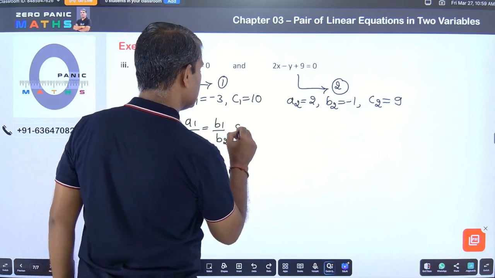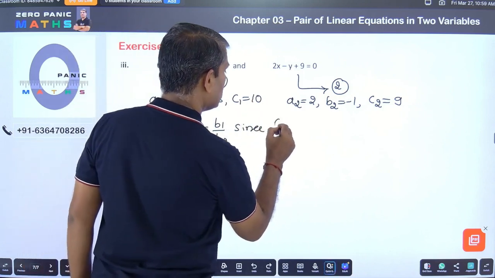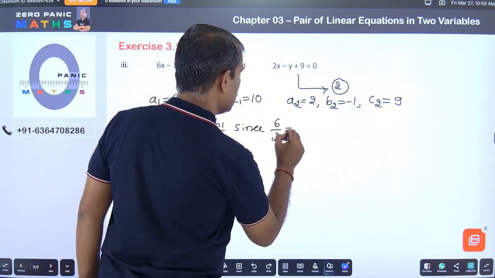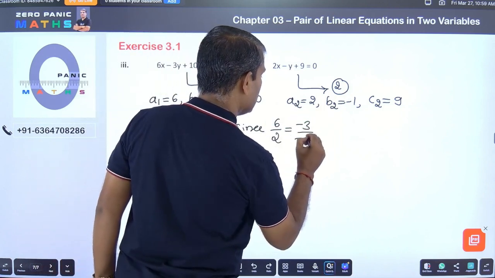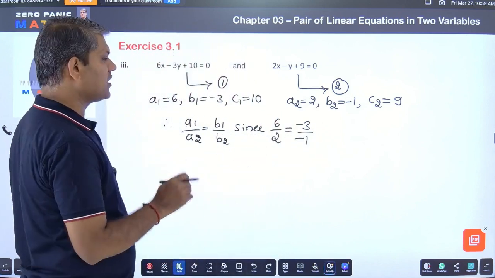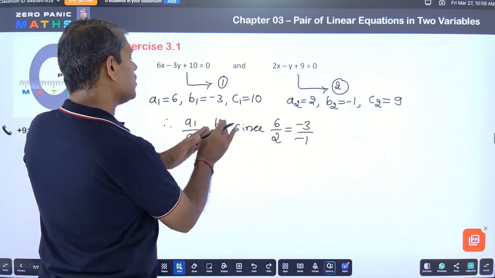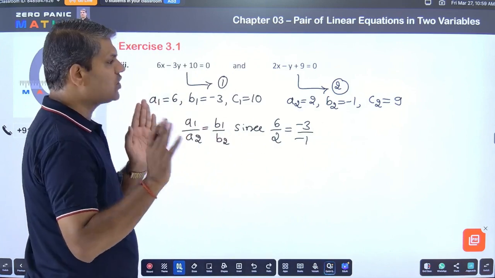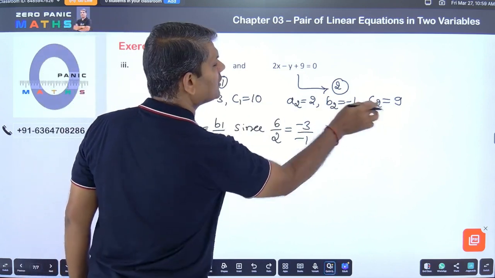Since 6 by 2, which is 3, is equal to minus 3 by minus 1, and minus 3 by minus 1 is actually plus 3, a1 by a2 is equal to b1 by b2. The first condition is true. Whether that is equal to c1 by c2, that is 10 by 9?